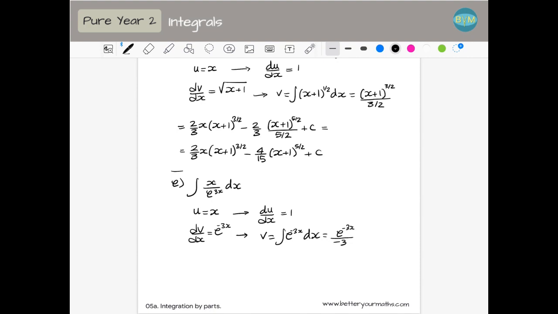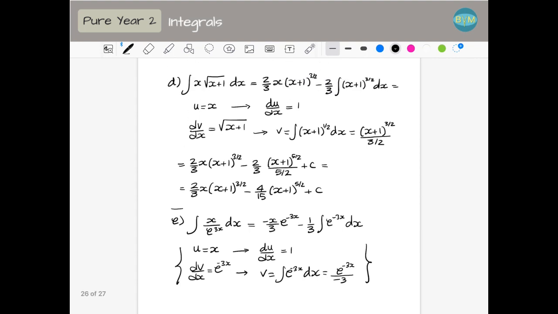Remember how we integrate exponentials. So this is uv, so I have x and this whole thing, so I'm going to write minus x divided by 3 e to the power of minus 3x, minus the integral of v du, and I'm going to take the minus 1/3 outside, so minus 1/3 integral of e to the power of minus 3x times 1 dx.